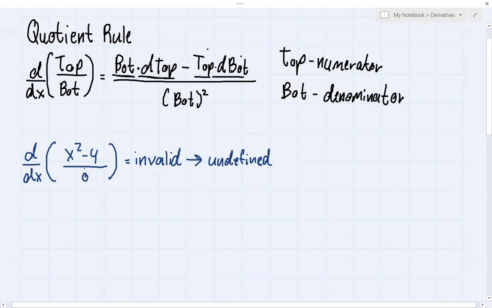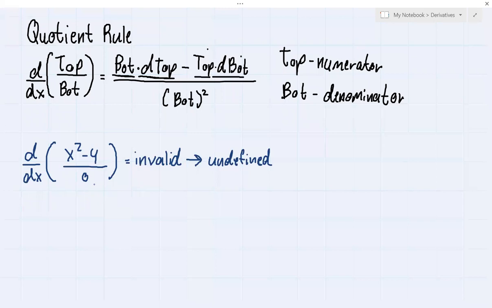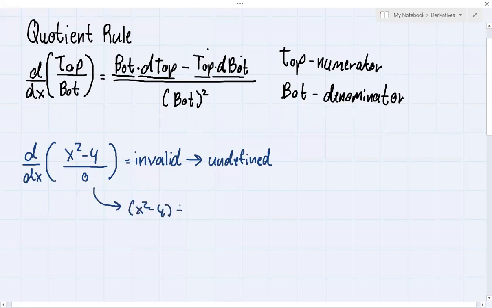Because yung denominator mo ay 0. Okay. Your bottom is 0. Kasi ito, if you're going to rewrite it this way, this would be quantity x squared minus 4 divided by 0. Remember, anything divided by 0 will result to undefined.